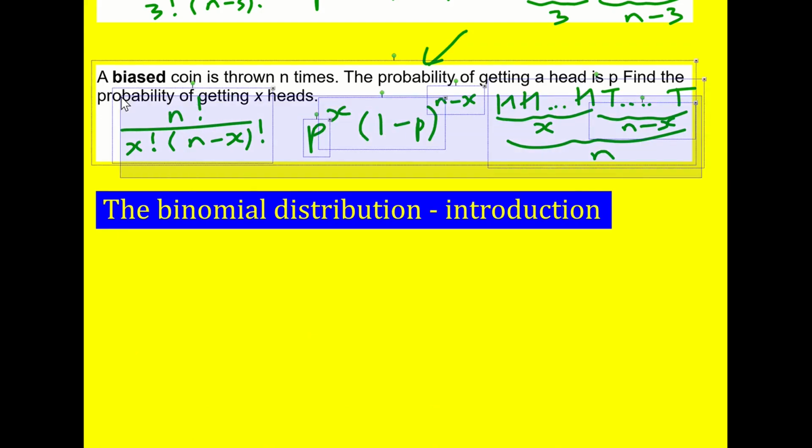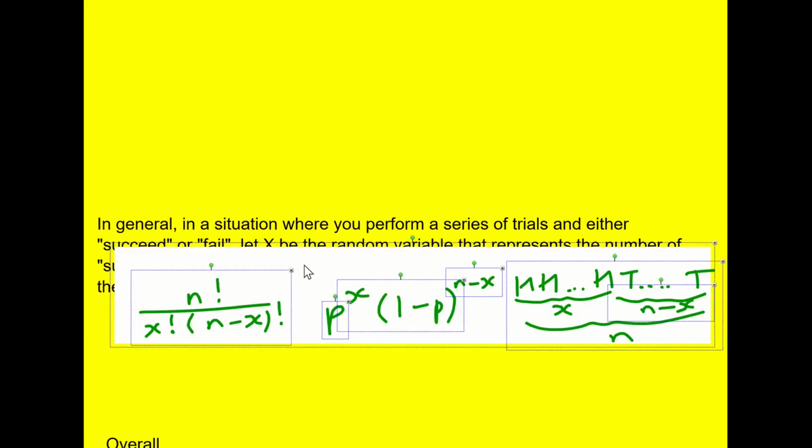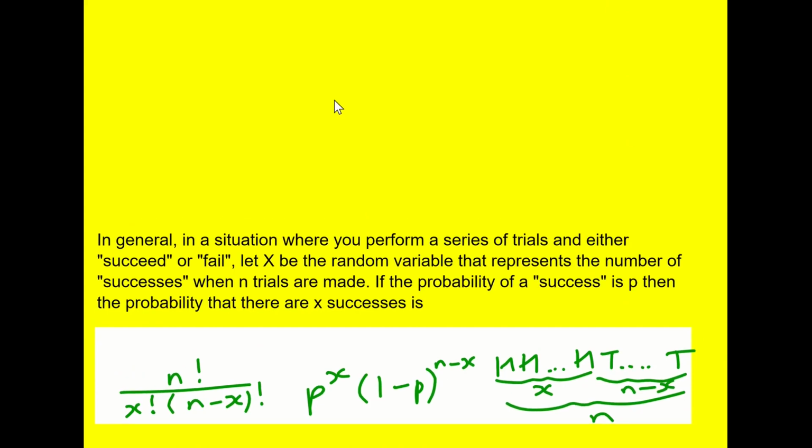I'm just going to copy it across. And what we say is the probability, because I didn't mention that, but capital X is the random variable. So it's the probability that this random variable is equal to little x, that I get x successes.